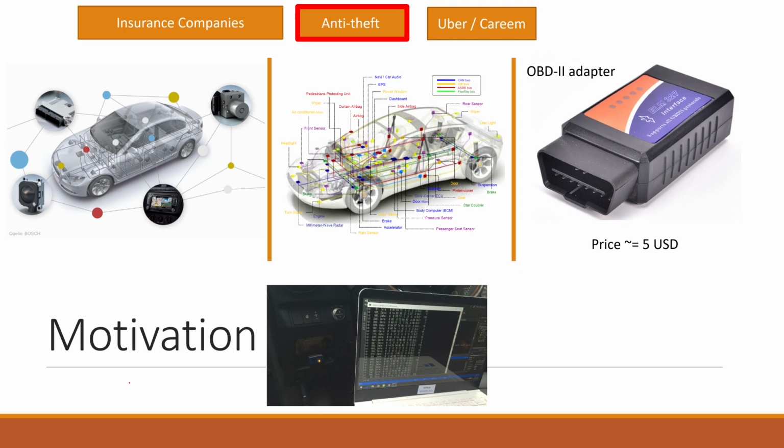So one of the solutions is an anti-theft system, right? Which is the topic of today's video. Other solutions are possible, for example, for Uber and Careem, we can also analyze the driving behavior of a driver, such as if a driver is taking sharp turns or driving aggressively.